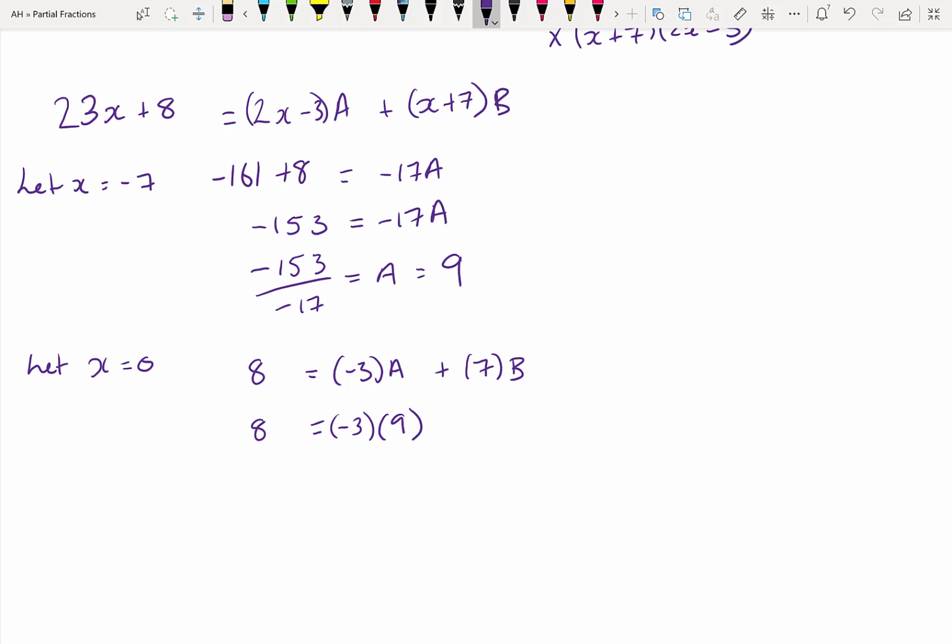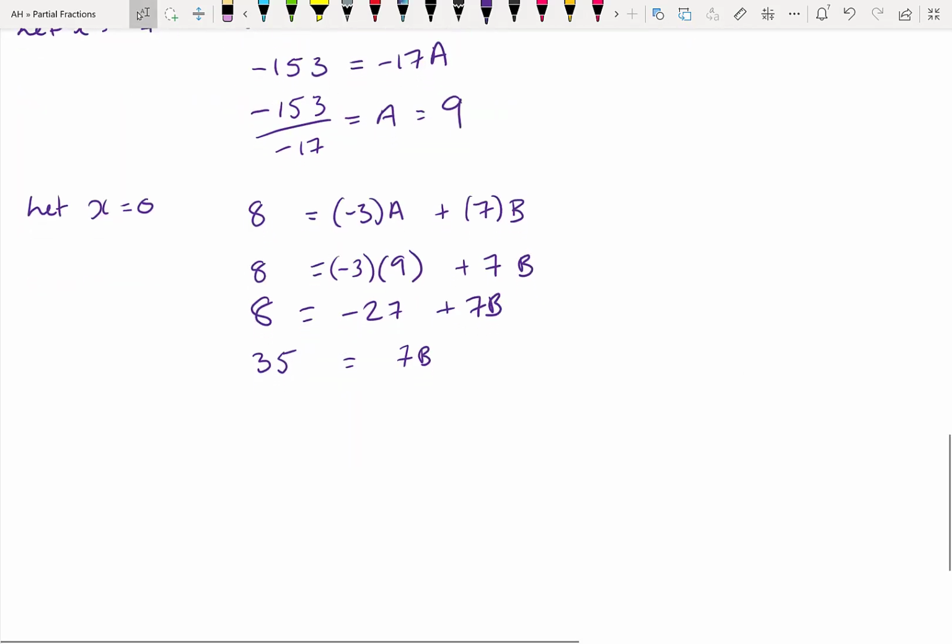So I've got minus 3 lots of 9 plus 7 lots of B. Minus 3 nines is minus 27. So 8 is equal to minus 27 plus 7B. Take that over to the other side, and so I end up getting 35 is equal to 7B. 35 over 7 is equal to B, which is equal to 5.